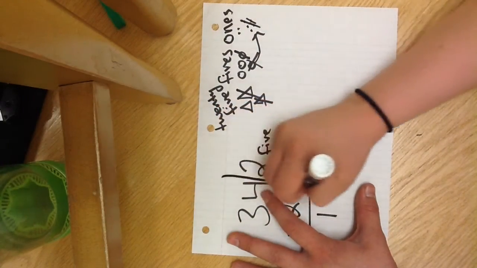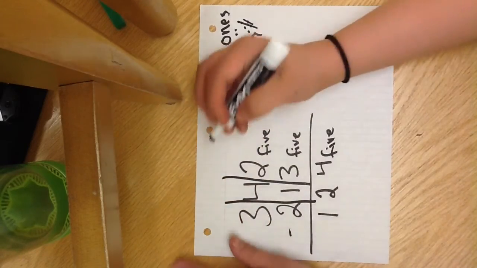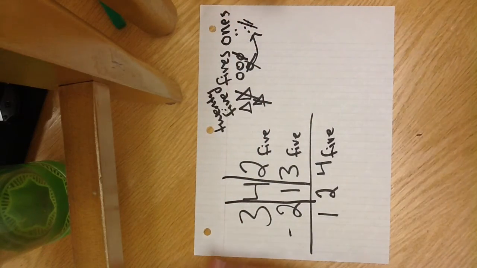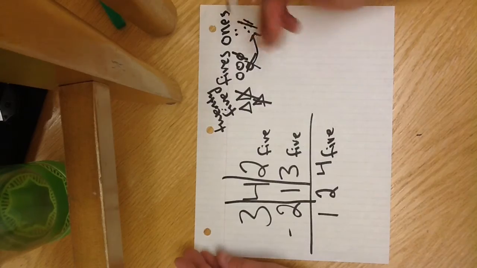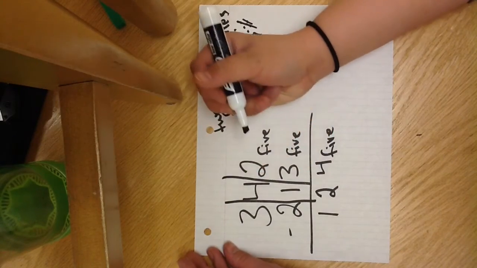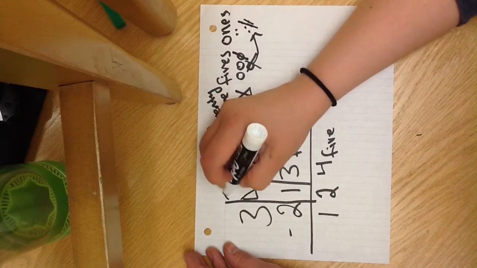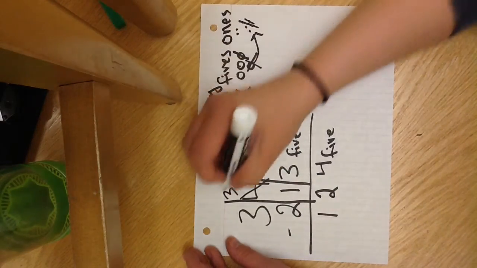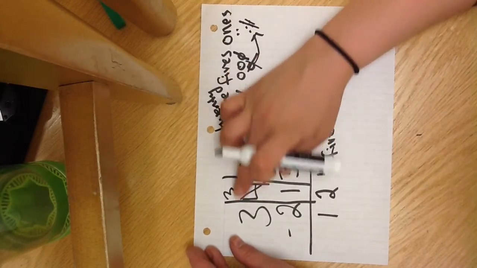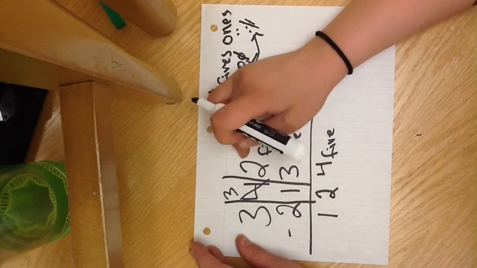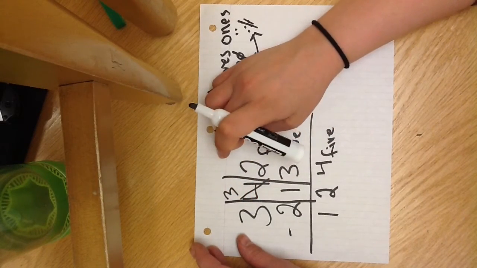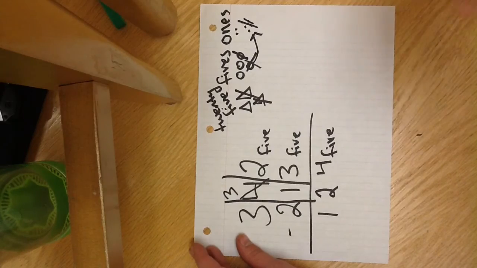Now we can show that by doing this problem the way that we normally would do in base 10. We have to subtract 3 from 2. We're going to have to cross out this. We're going to have to borrow from it. And we're going to change this to 3. And instead of adding 10 like we normally would, if we were going to take from the base 10 system, this number would change to 12. But we're actually taking from the base 5 system.